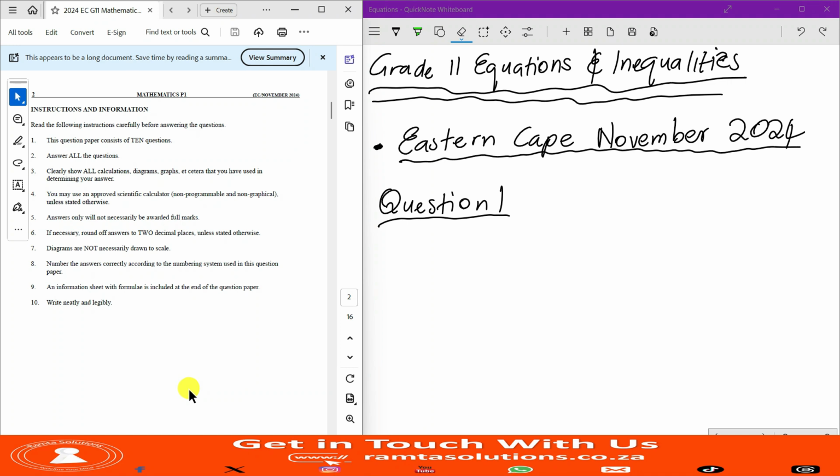Guys, you are aiming for distinctions, but while you are on the process of getting a distinction, it's also important that you focus on improving your handwriting so the presentation of your work is neat and legible. So instruction 10, write neatly and legibly.